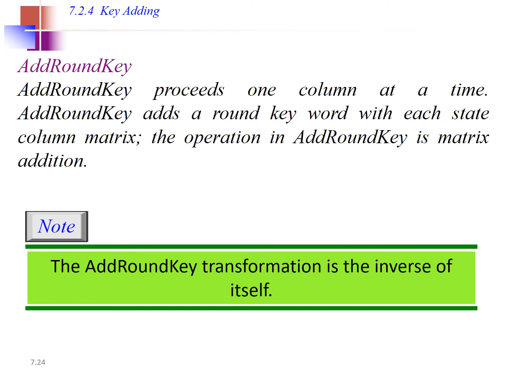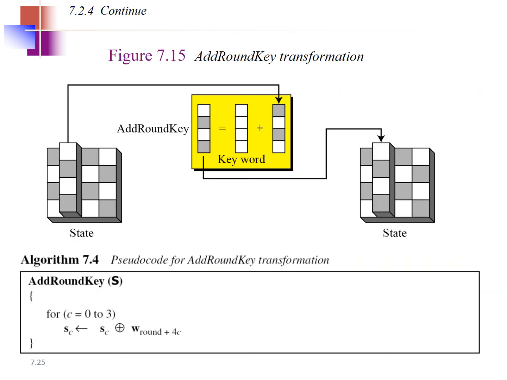Last operation is add round key. In add round key, what we are doing is, the key value will be XORed with the actual plaintext value. Since it is an XOR operation, in order to get the plaintext back, I can do one more XORing with the key, and I will get the plaintext back. So it's a very simple add round key operation.